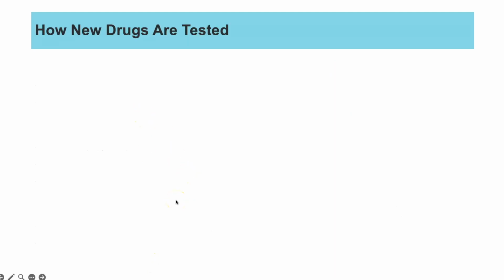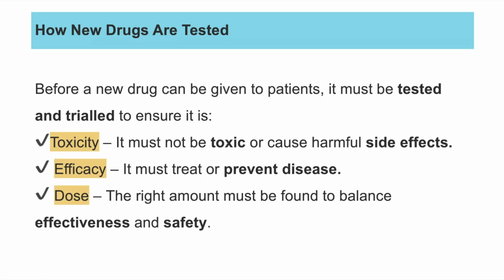So how are new drugs tested then? Because once a drug has been discovered, it can't actually be given to people straight away. And it often takes around 12 years between the discovery of a drug before that drug is commonly prescribed. And that's because there has to be several tests that are done to look at, first of all, toxicity. That means testing, is the drug toxic?